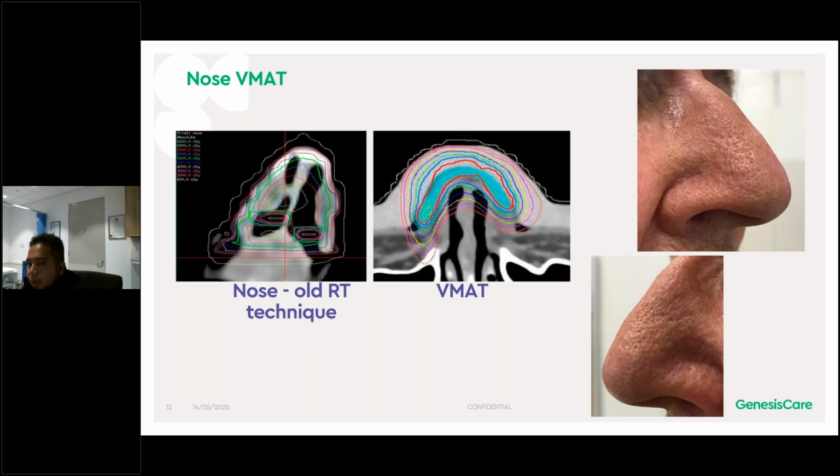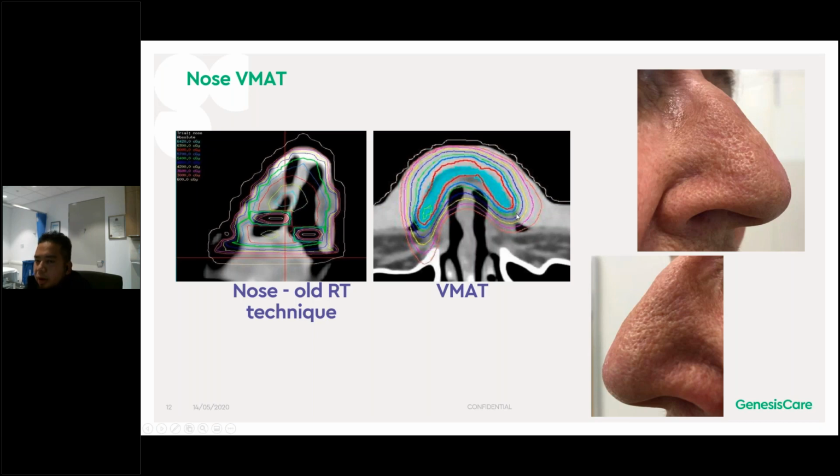But this is the sort of thing that we're able to do now with VMAT, where we would treat the area of concern, being the front of the nose, at the tip and the bridge of the nose. And with VMAT, we're able to curve the radiation treatment to spare the septum of the nose. Previously, this is what we were doing, whereas now we're able to do this.